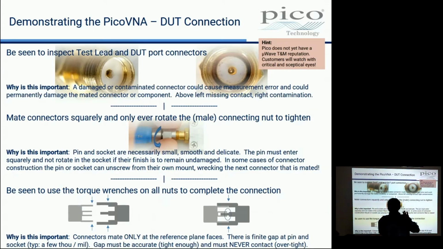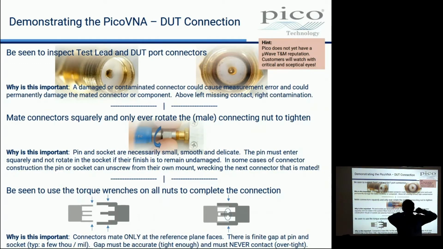Now that's quite important, because if you start rotating the female connector, you're rotating a pin in a socket, and they're delicate, and at the very least you can be scraping material off them as you're doing that. So you don't want to be doing that. Now at the very worst, some customer connectors might end up with that pin being screwed into its base.